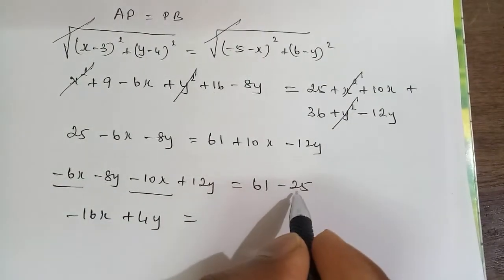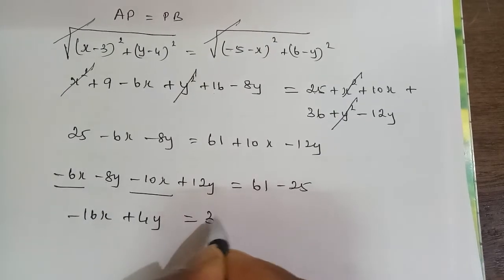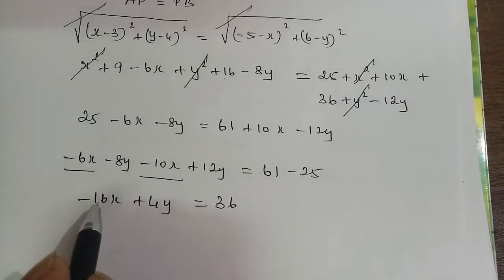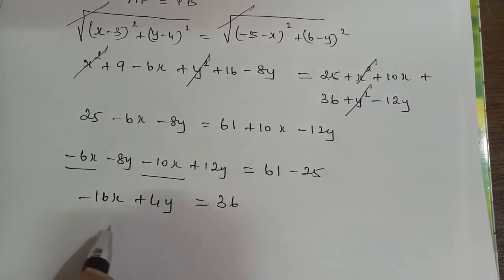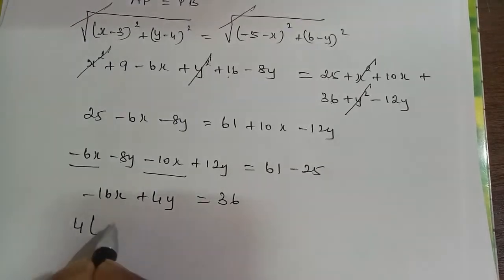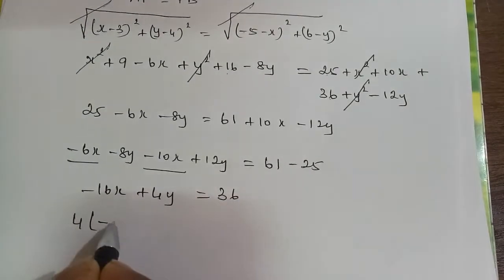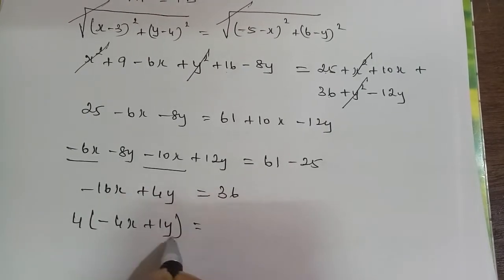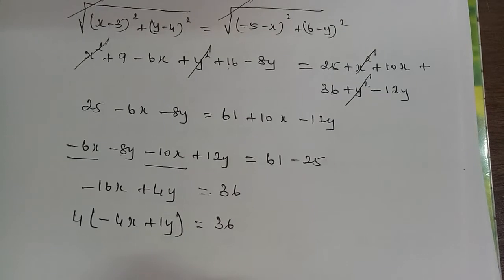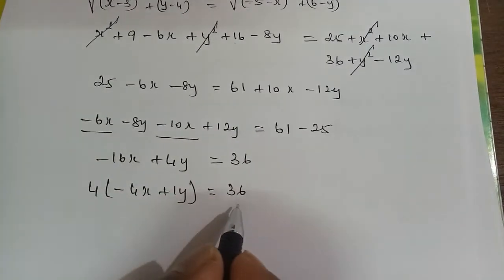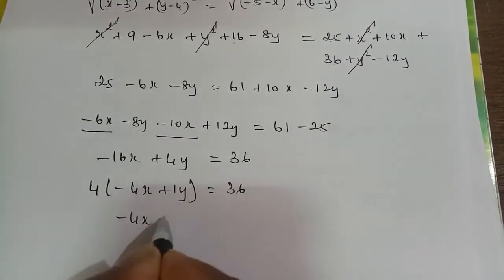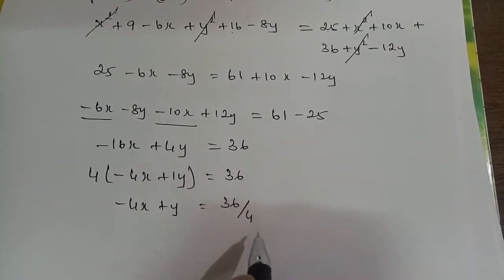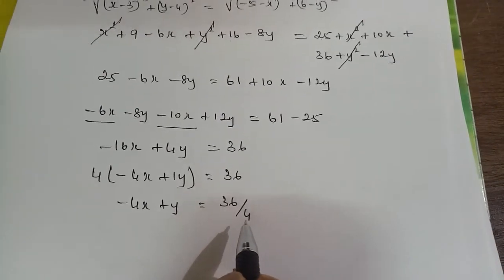So we have 61 minus 25, which is 36. Okay, now any common number? 4 is divisible into all the terms, so we take 4 common outside. So we have 4 times (minus 4x plus y) equal to 36. 4 will go to the right hand side, so we have minus 4x plus y equal to 36 by 4. 36 by 4 is 9.